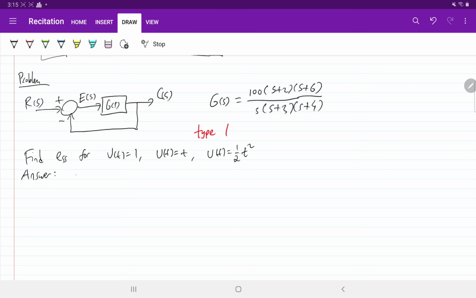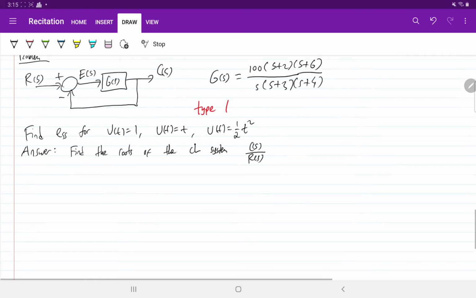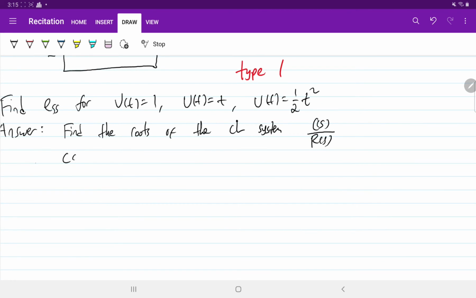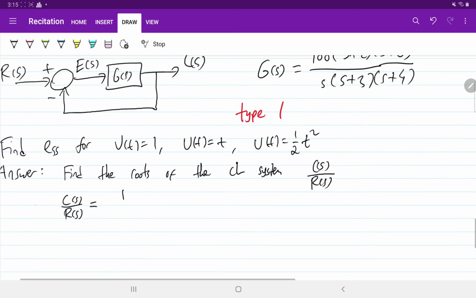So we need to first find the roots of the closed loop system, C of s over R of s. And C of s over R of s is what?